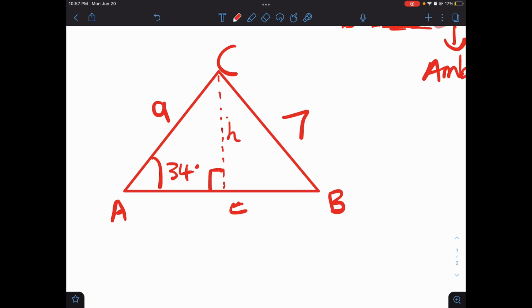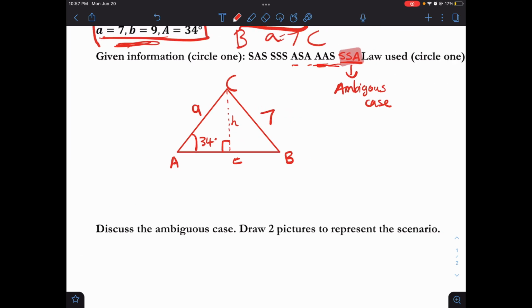Depending on what h is, this can have no solutions, or it can have one solution, where there can only be one of these triangles, or there can be two of these triangles.